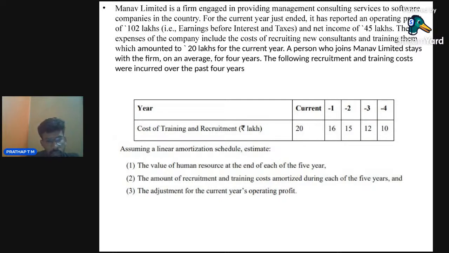How many years are we amortizing? 4 years. So each year you are getting 3,75,000. 3,75,000 is the value, right?